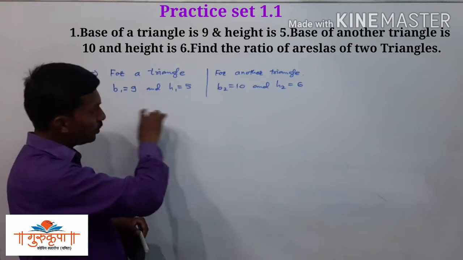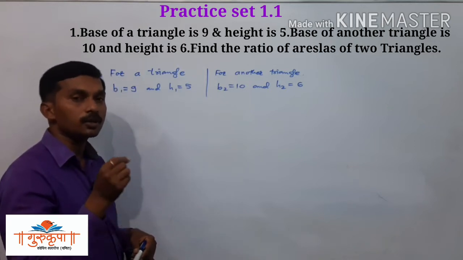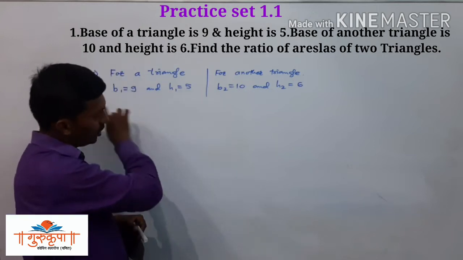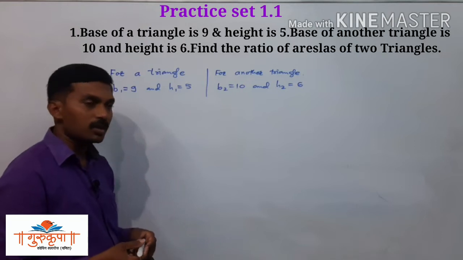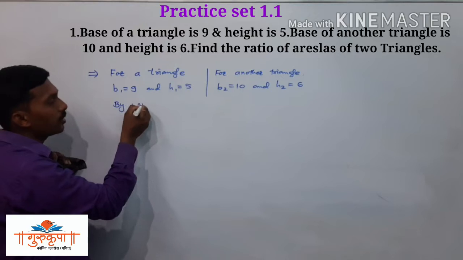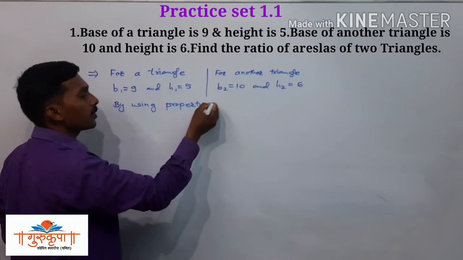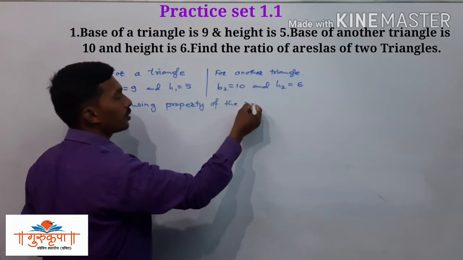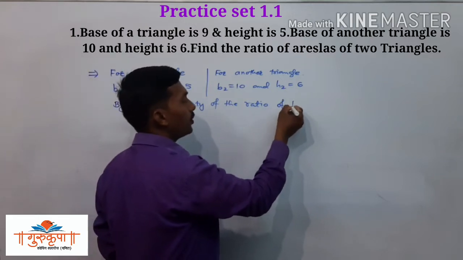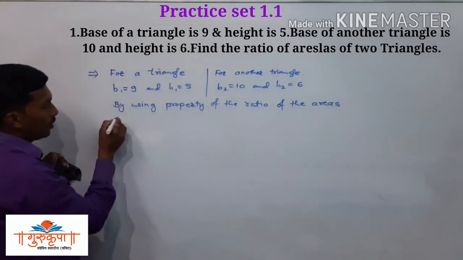You can write the whole property here, that is the ratio of the areas of two triangles is equal to the product of the ratio of their corresponding heights and corresponding bases. Or you can write by using the property of the ratio of the areas of two triangles.